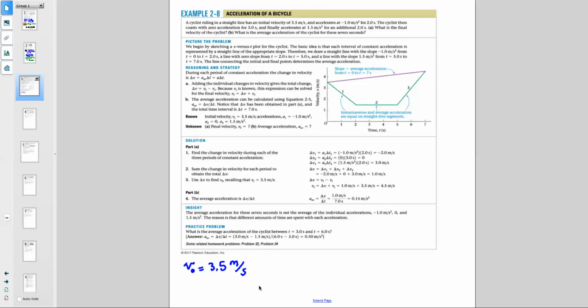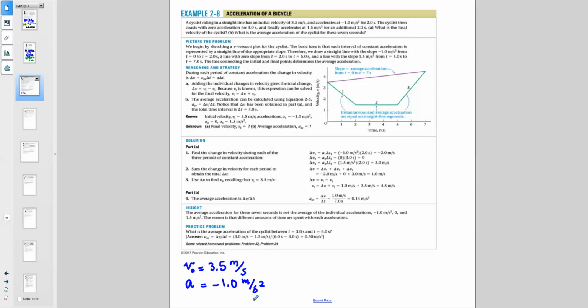Okay, so V initially is 3.5 meters per second, and the acceleration is negative 1.0 meters per second squared, for 2 seconds.